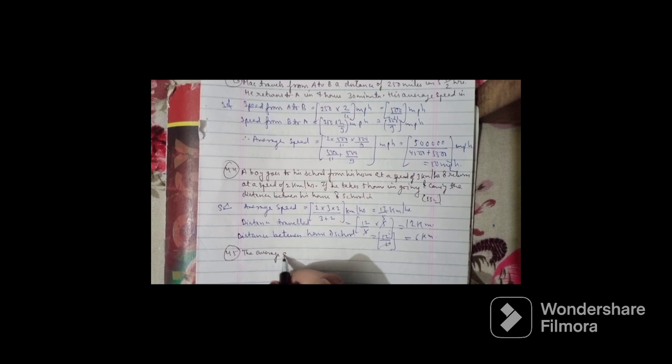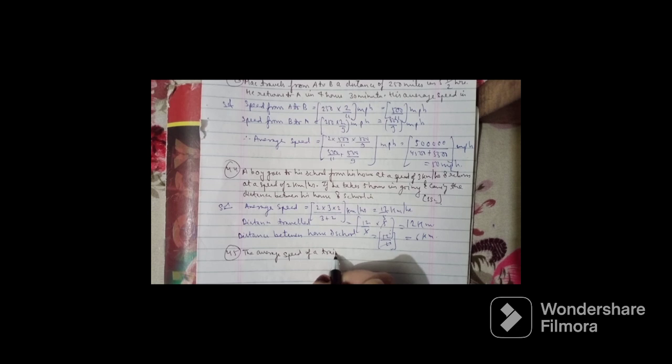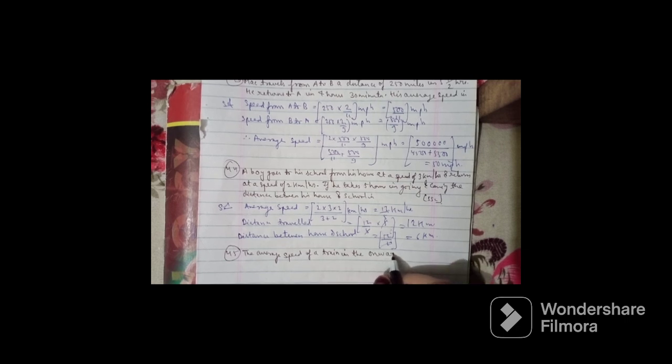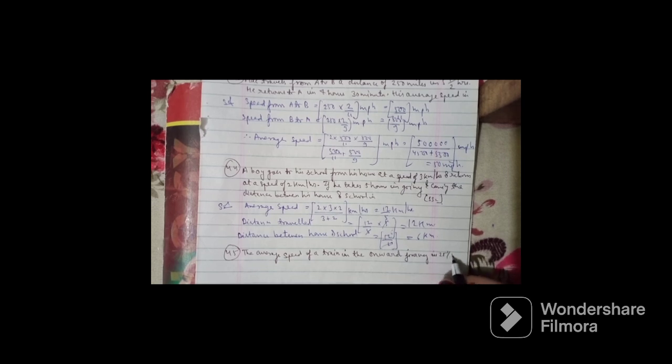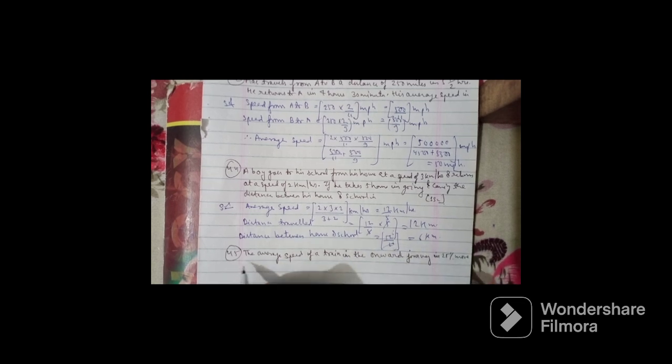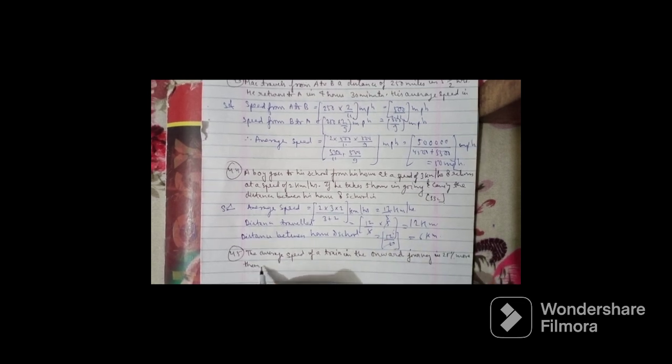The average speed of a train in the onward journey is 25% more than that in the return journey.